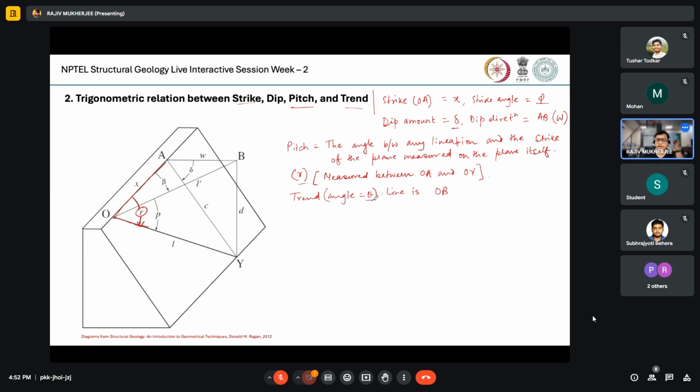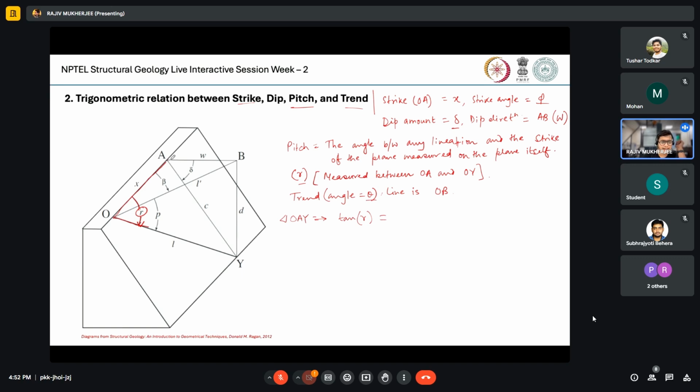Okay. So if we define tan of R, now if we consider a triangle OAY, for the triangle OAY we can calculate tan of R, tangent of the pitch, that will be the perpendicular by base.